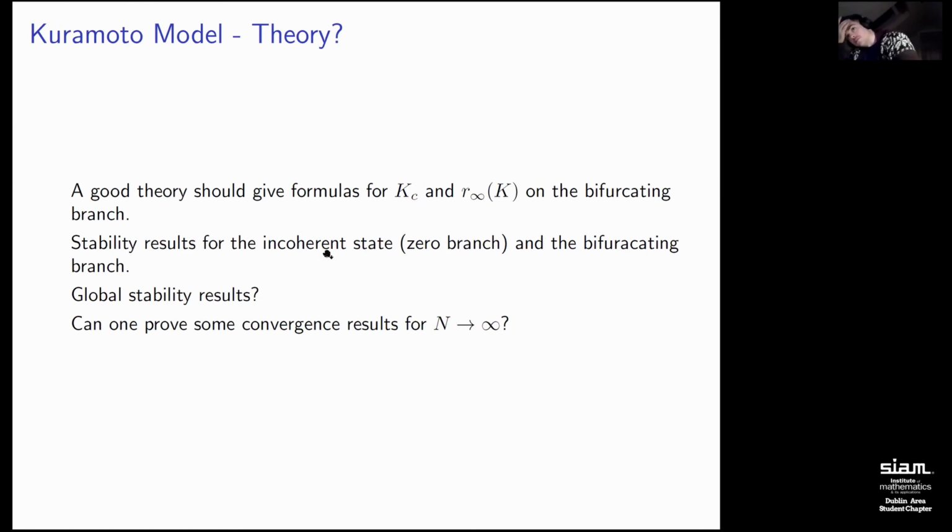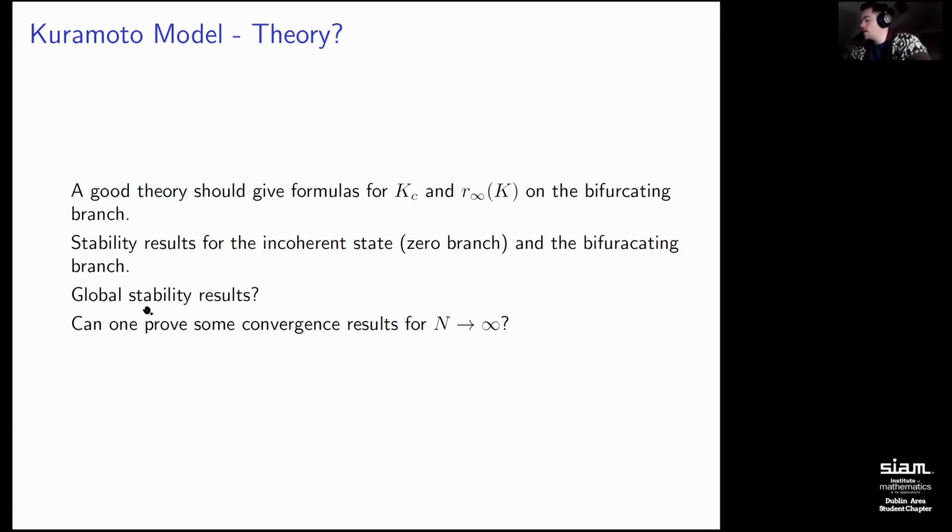As well as that, a good theory should give you stability results for the incoherent state, the state where the phases are all uniformly distributed, essentially minding their own business. As well as stability of the bifurcating branch, the branch you see in the bifurcation diagram that goes up to synchronization.